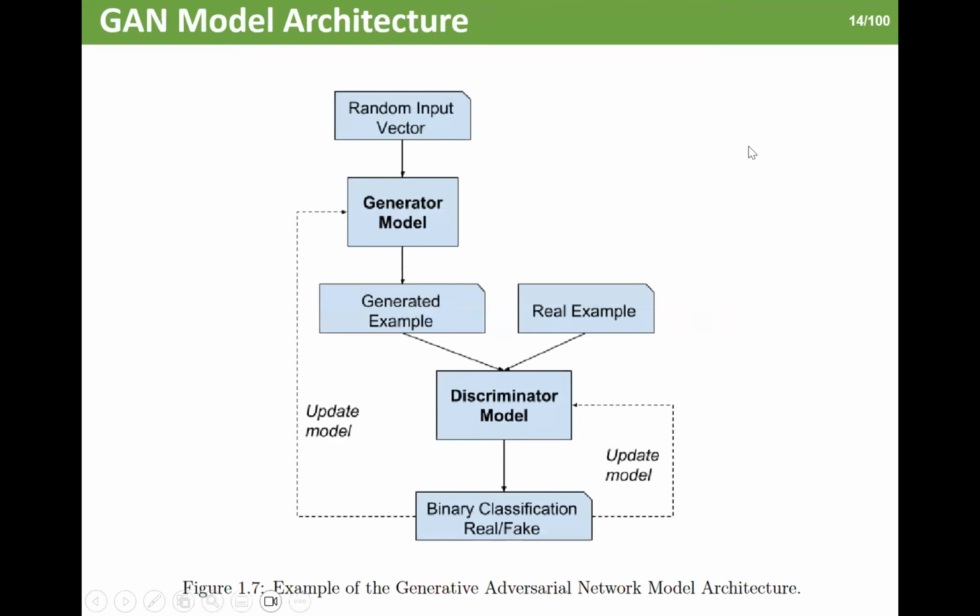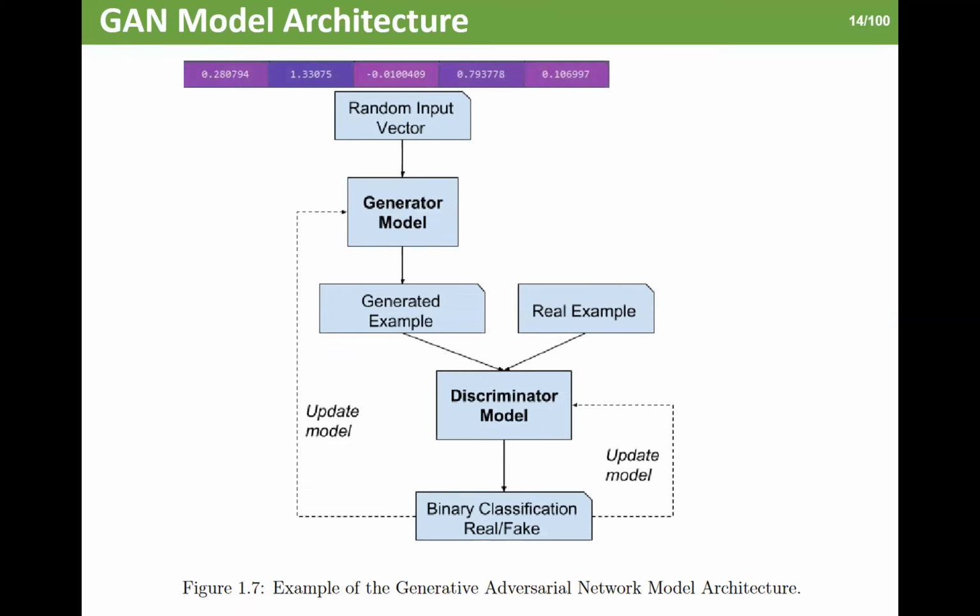So basically what we have, again, it's adversarial. Okay, so it's kind of like a game. You have to train two networks. One is called the generator, and one is called the discriminator. The generator will generate some random image, maybe it looks like this.